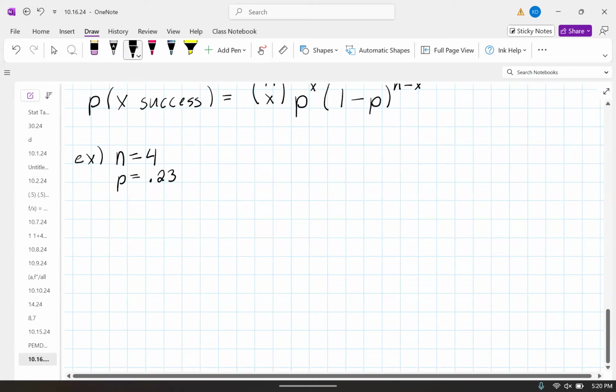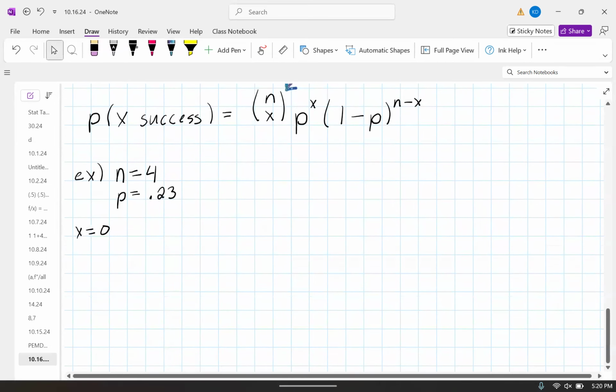So that stays the same through every single trial. We're going to do this a bunch of times because I want to figure out the probability we have 0 successes. We have 1, 2, all the way up to 4 successes. So we're going to do this 5 times, but it's going to tell us something. Hopefully.